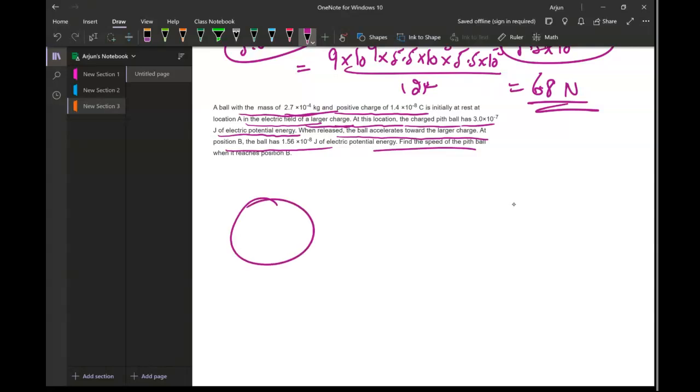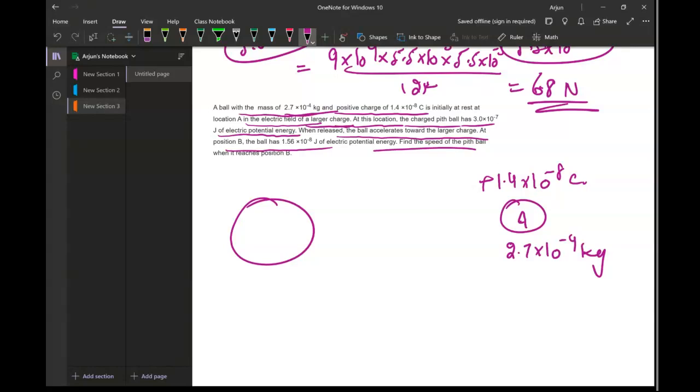So this is a big charge and this is a small charge. This has a mass of 2.7 times 10 raised to the power negative 4 kg, and it has a positive charge of 1.4 times 10 to the negative 8 coulombs. It is at rest at location A, and this is also a positive charge.